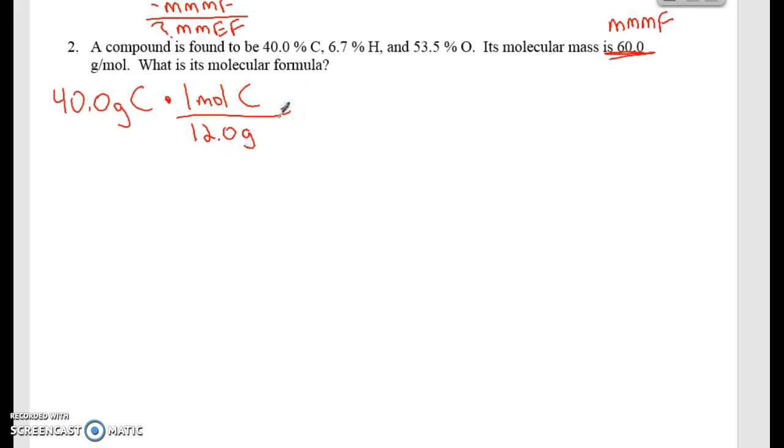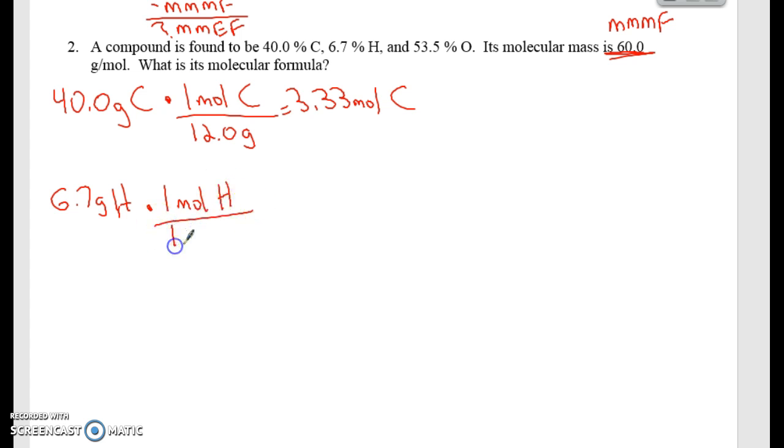So when we do this math, we get 3.33 moles of carbon. 6.7 grams of hydrogen. Remember, just take that percent sign and make it grams. Hydrogen's nice and easy. It is 1.0 off the periodic table. So 1 mole of hydrogen is 1.0 grams of hydrogen, which gives you 6.7 moles of hydrogen.